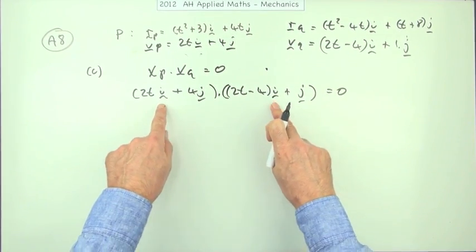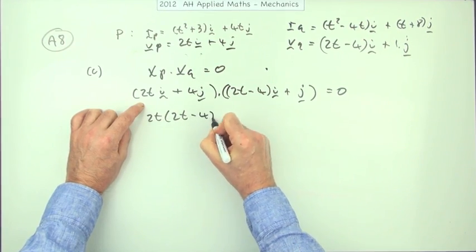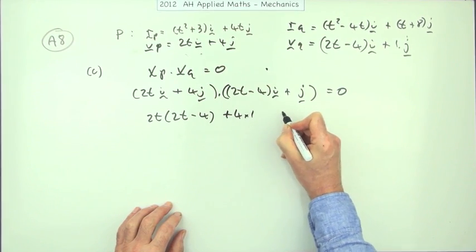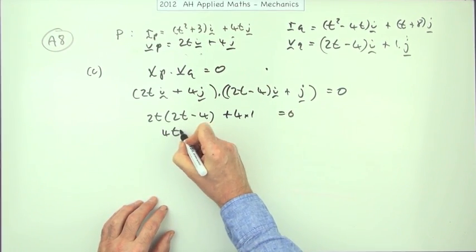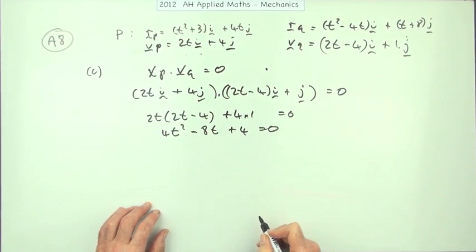Scalar products, just the I dot I and the j dot j. So 2t times 2t minus 4 plus 4 times 1. I'll just put that down. So that's 4t squared minus 8t plus 4 is 0.